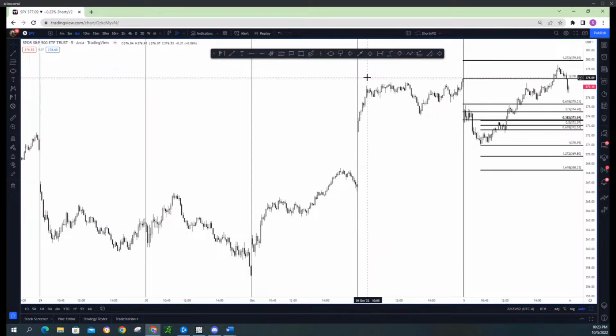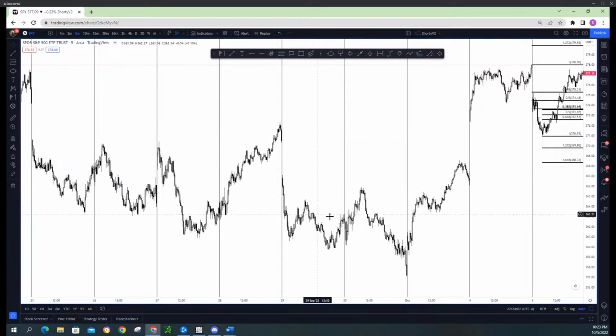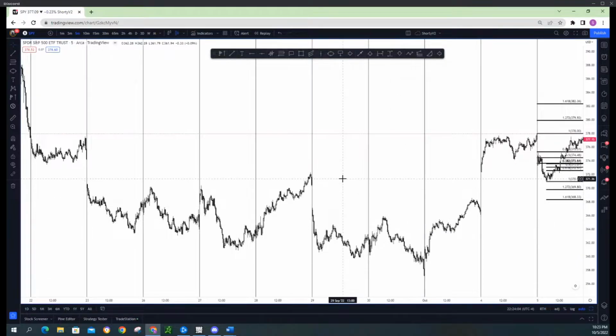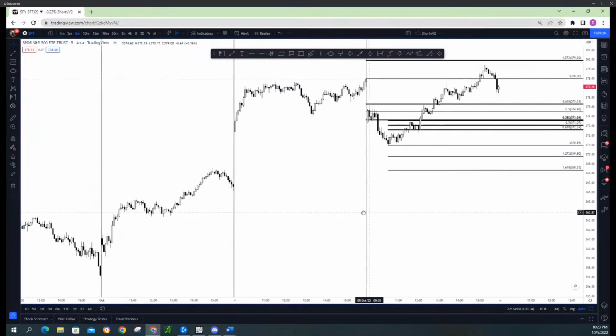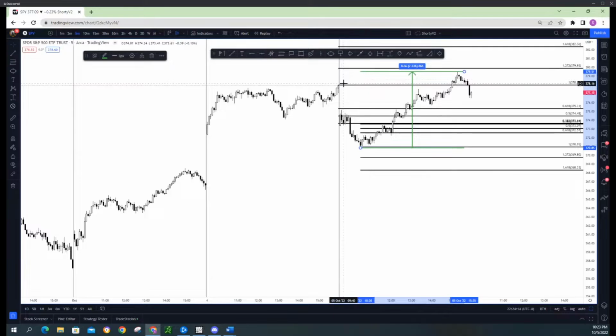If you look here, the range was, I would say, 377 to 372, and then here it's higher. Typically I don't see it being more than 1%. And this is pretty good here, 2.33%. That's pretty crazy.